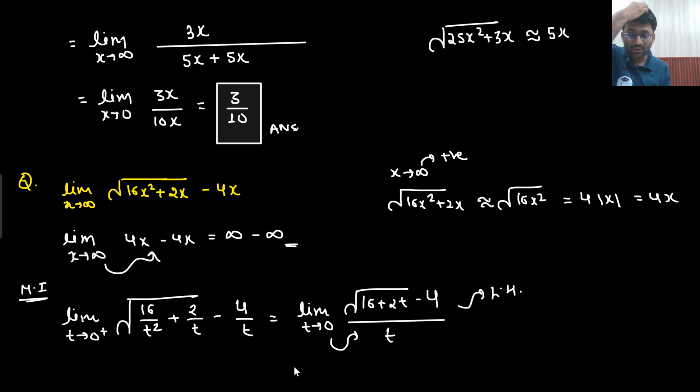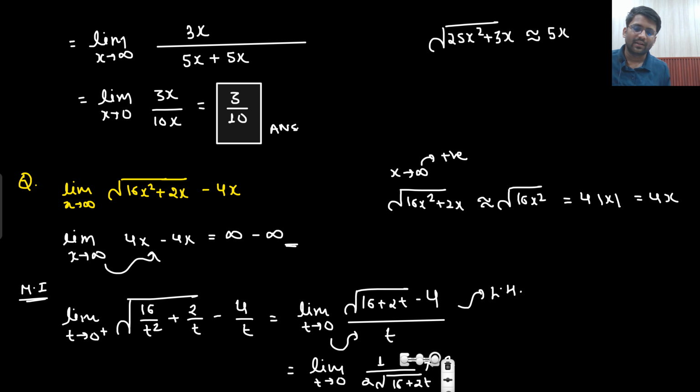If I can apply L'Hopital rule, how will I apply it? L'Hopital rule will say differentiate the upper side and the downward side. What answer will you be getting? I am differentiating the upper side and the downward side. So the upper side, when I differentiate, gives 1 upon 2 under root 16 plus 2t.